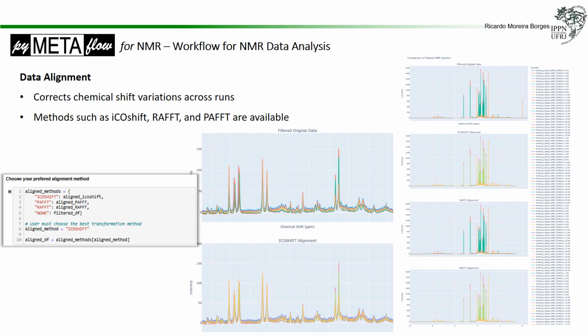So okay, we created this function that includes different methods, mainly IcoShift, Raft, and Paft. They are available for the alignment. And then we create a multiplot for you to decide which alignment better fits your data, and then you go from there.